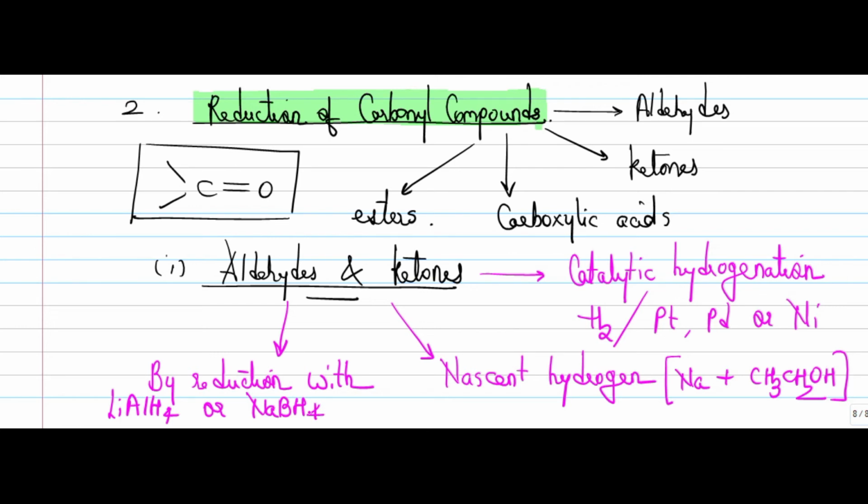So there are three basic ways of producing alcohols from aldehydes and ketones, and these are the three important methods by which you can perform the reduction. I would first of all give you the general reaction, and then I would also give you a small mechanism regarding the reduction. So let us now first of all take up the general equations.